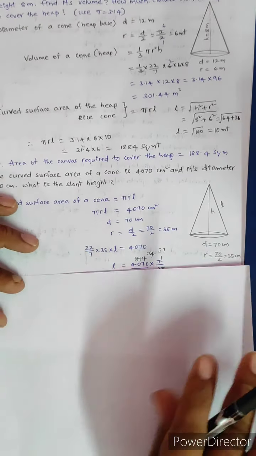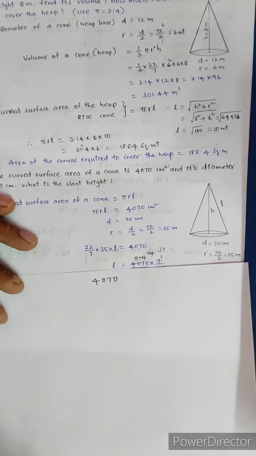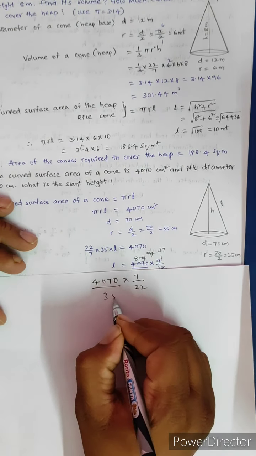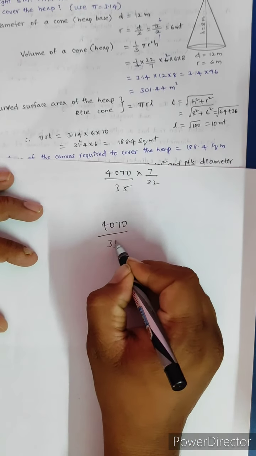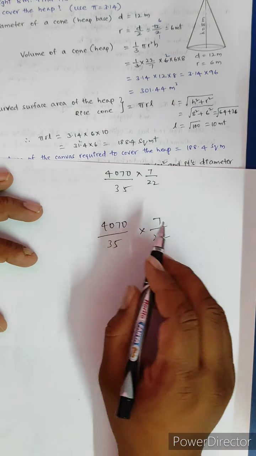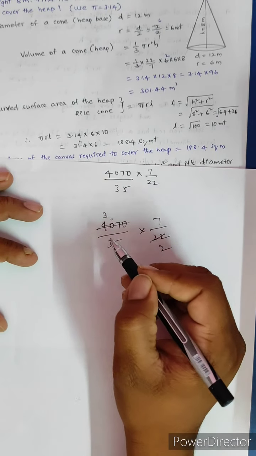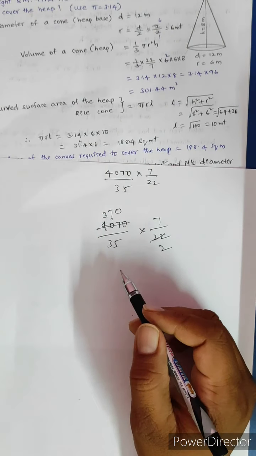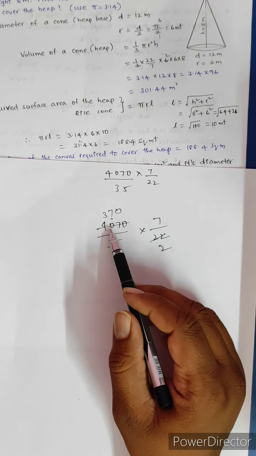I will show you, wait. 4070 into 7/22 into 35. 4070 divided by 35 into 7 by 22. 7 fours are 28... 11 twos are 22, 11 threes are 33, 7 remaining, 11 sevens are 77, 0.